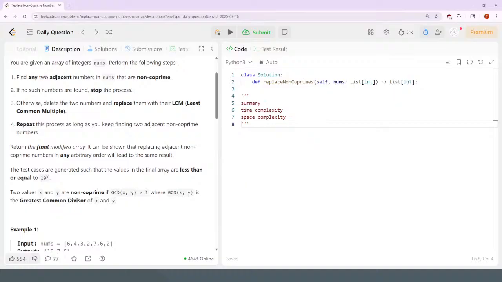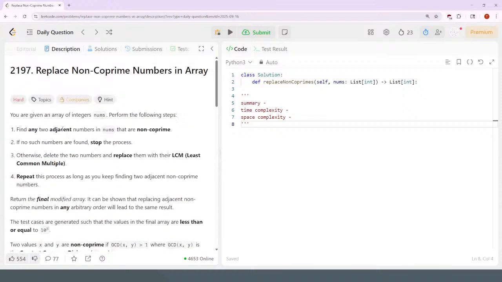So like 3 and 5, or I guess it could be non-prime numbers even, so like 6 is 2 and 3, and like 35, which is 5 and 7, are non-coprime. So they don't have a common divisor besides 1. Right, GCD greatest common divisor.